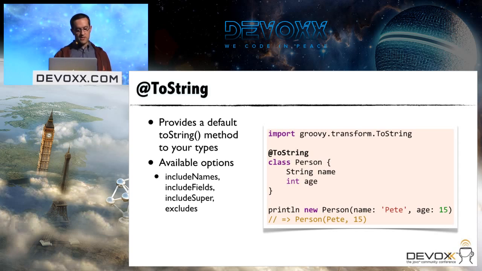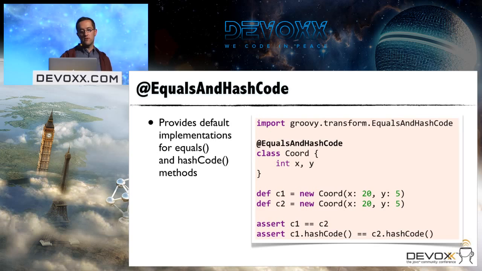You can customize that with some options. But obviously, you can also still define your own toString method. If you want something really custom, you'd better use your own toString method. But for debugging purposes, etc., it's nice to have a default toString method, which is a bit more clever.